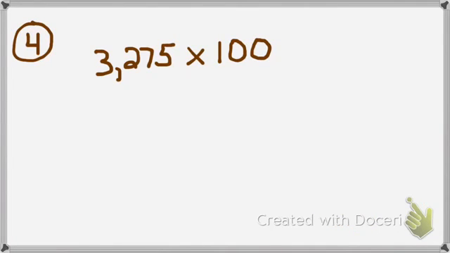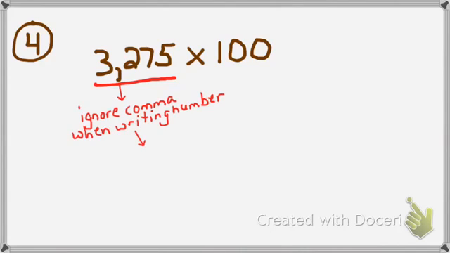Example number 4 is something else that you'll come across in some problems, so please make sure you're paying attention. 3,275 times 100. My starting number is 3,275, so I'll rewrite that. However, notice this, there is a comma in the number. When there's a comma in your starting number, ignore the comma and skip it, leave it out when you rewrite the number. So we're going to ignore the comma.